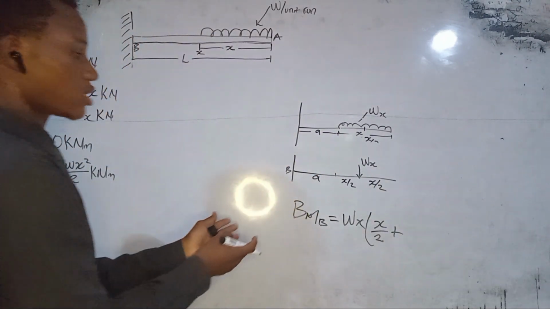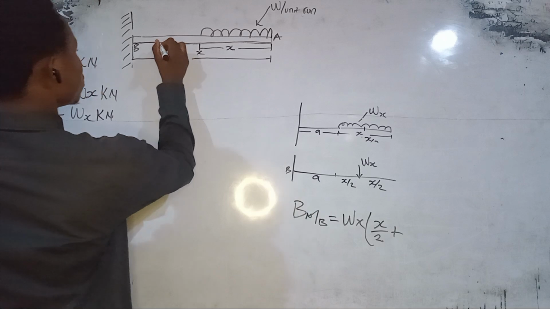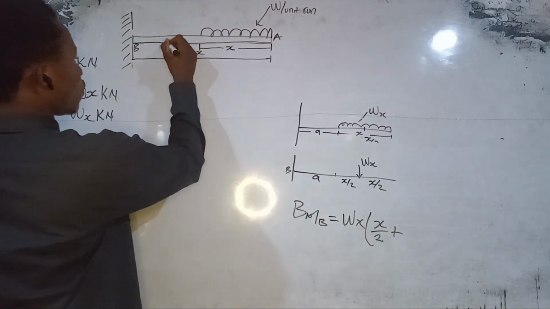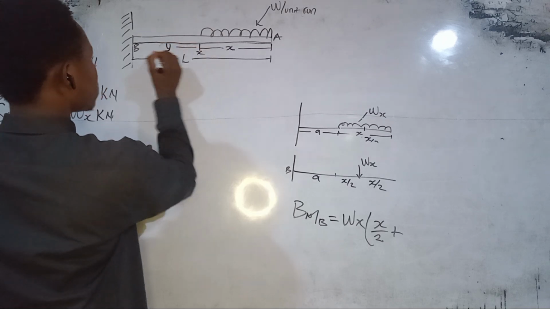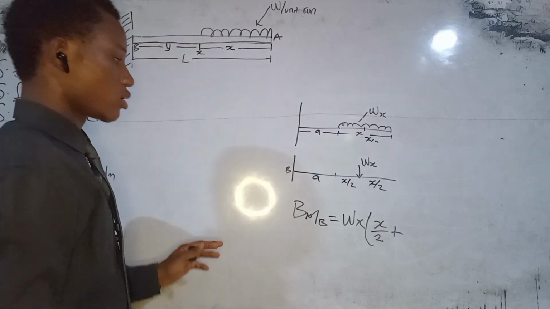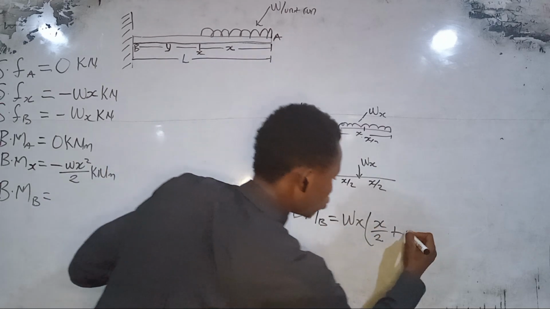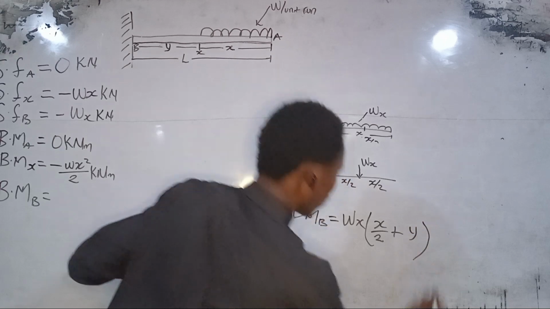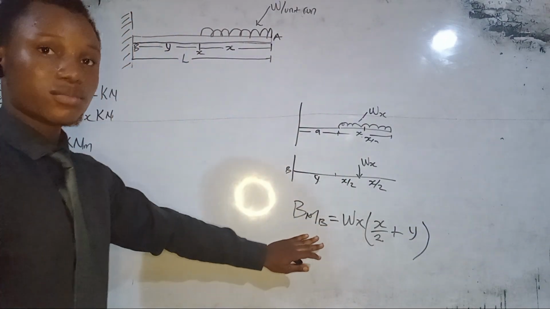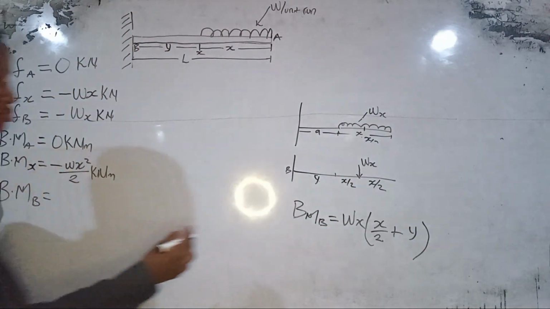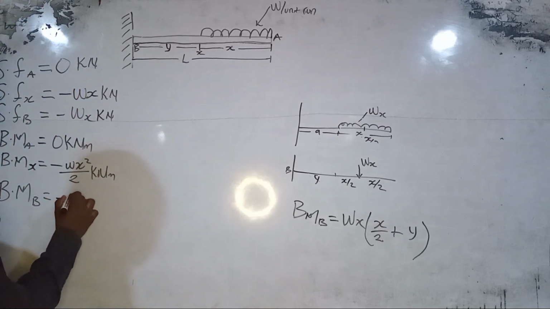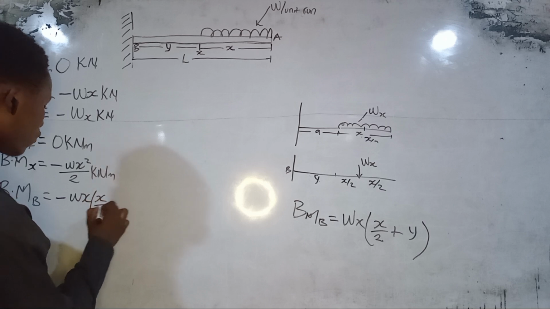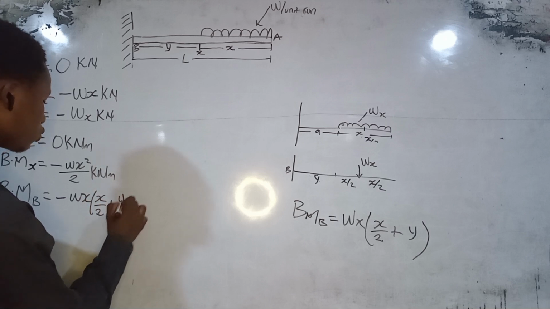Let's say the distance between here and here is Y. So X over 2 plus Y. This is the formula for the bending moment at B. The bending moment at B is equal to minus W X times X over 2 plus Y.